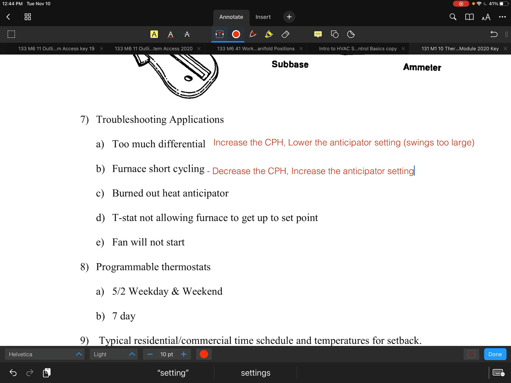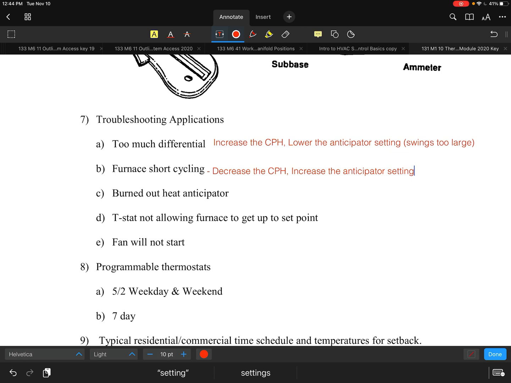In one of my first applications, it was majorly oversized. I had a conventional, regular old anticipator style thermostat, and I was having inducer motor failures.